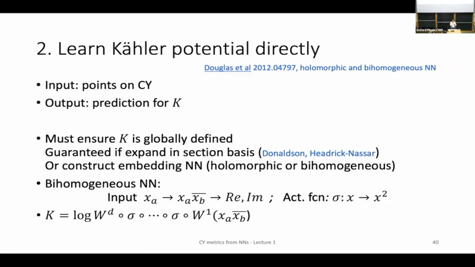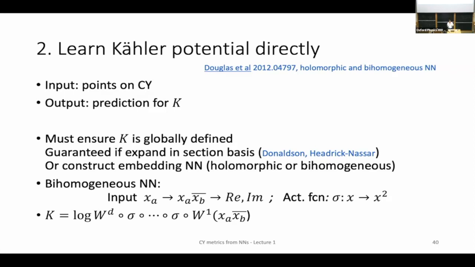What Yidi and collaborators did was to solve this problem of having something that is globally defined by including an extra embedding layer in the networks, basically. So you ensure that your network satisfies the constraints of giving something that is globally defined from the get-go, by either restricting it to be holomorphic or bihomogeneous.